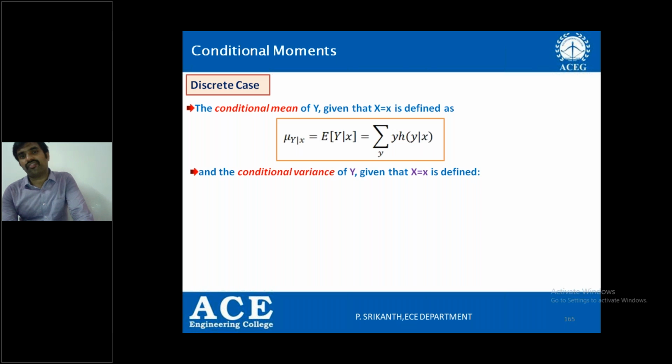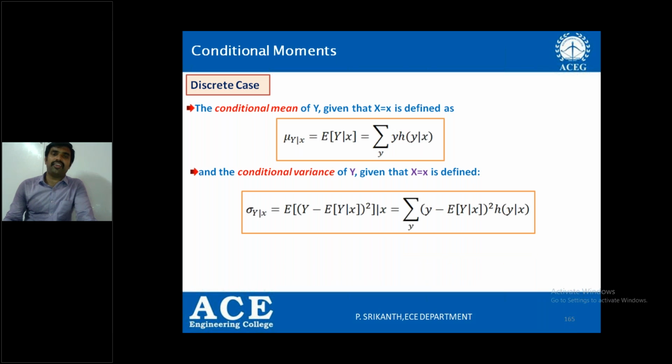Conditional variance, how do you define? Conditional variance of y given X equals x is expectation of (y minus expectation of y given x) whole square given x, or in the short form I can write like this: (y minus expectation of y given x) whole square into density function h of y given x, right?